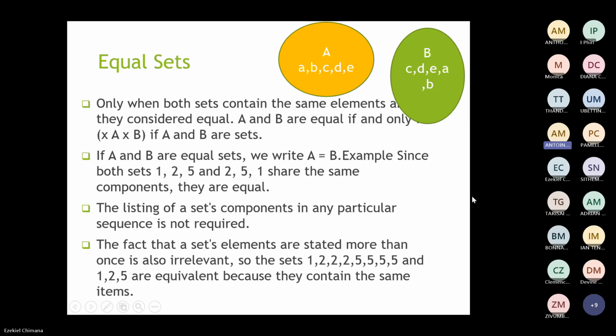The fact that a set's elements are stated more than once is also irrelevant. So the sets {1, 2, 2, 2, 5, 5, 5} and {1, 2, 5} are equivalent because they contain the same items.